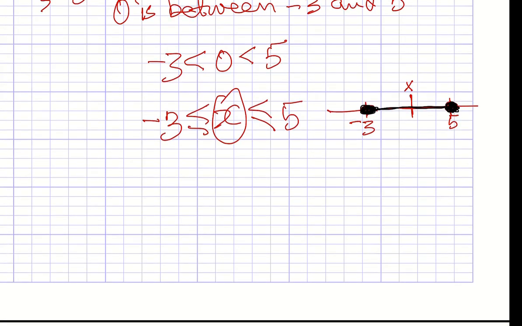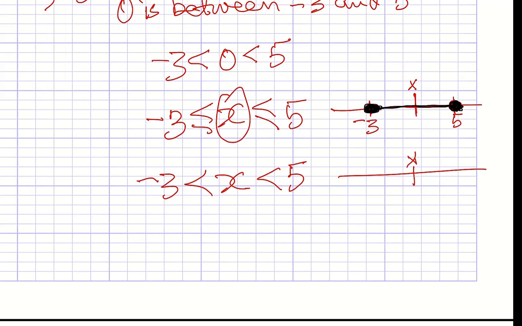Suppose it says, X is greater than minus 3, or X is less than 5. How do you say that? How do you draw that? You go like that. Okay, X is somewhere here. Alright.